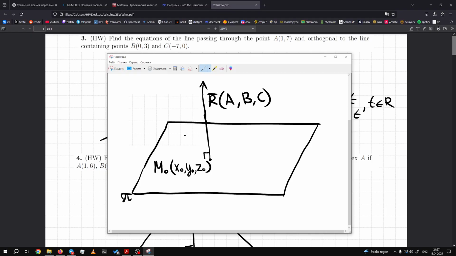Now we are talking about three-dimensional space.